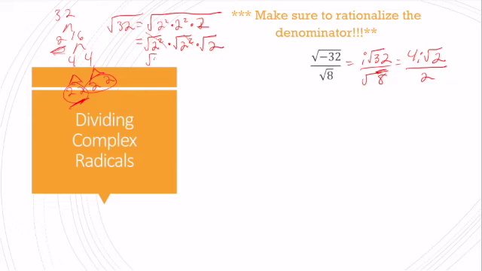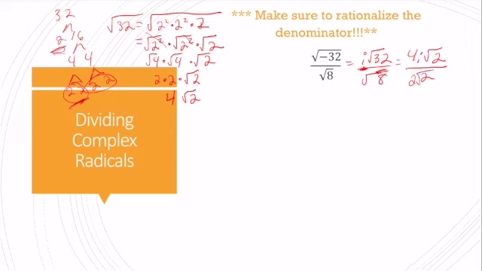This is like saying I have the square root of 4 times the square root of 4 times the square root of 2. So I'm left with 2 times 2 times the square root of 2, so 4 square root of 2. But I had an i out in front, so I have to make sure to multiply by that i.